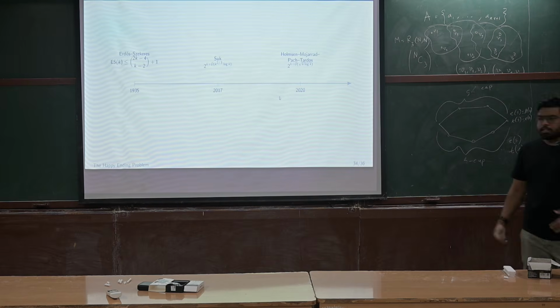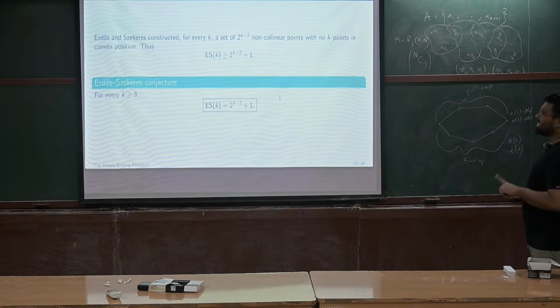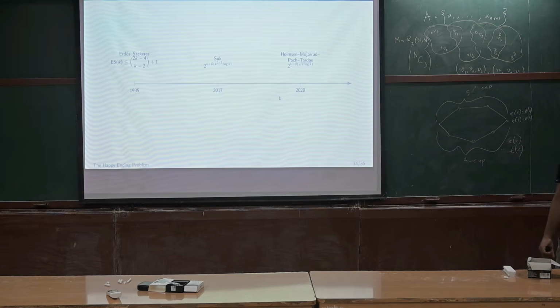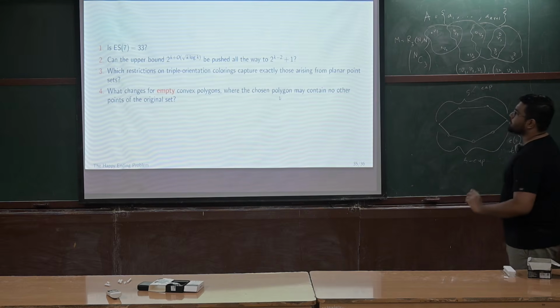What they did is they proved that this conjectured value holds true for what they called a split K-gon. A split K-gon is basically where you relax these conditions a bit and say that only one of them needs to hold true, not both of them. So that was the most recent progress that has been done in this case.